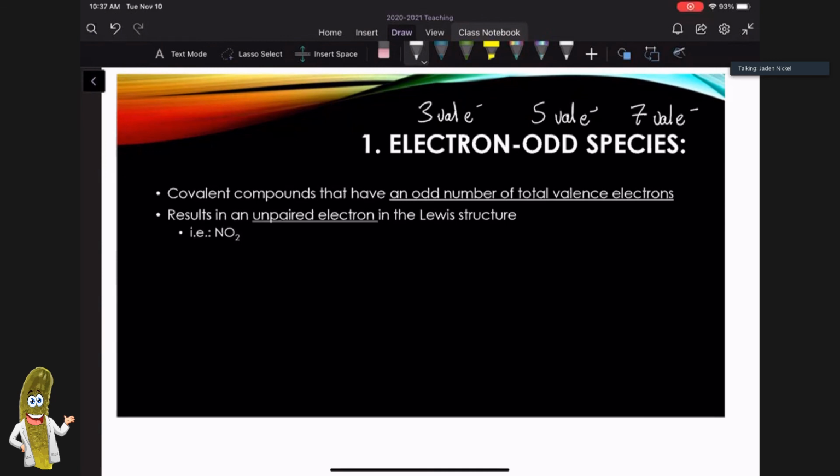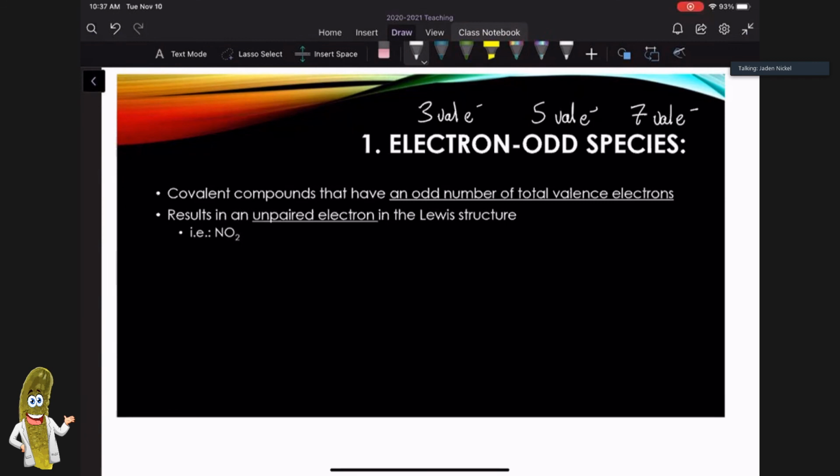Anything with three, five, or seven valence electrons is going to create a problem for us, considering that we need to meet the octet rule, which is eight, an even number. So somehow with a species that has five or three or seven valence electrons, we need to get to eight. That's a difficult part of this.